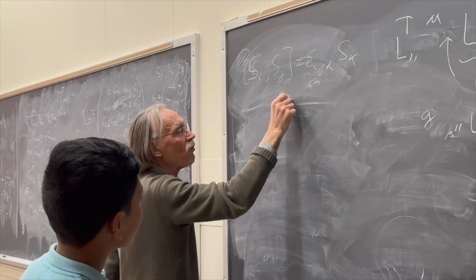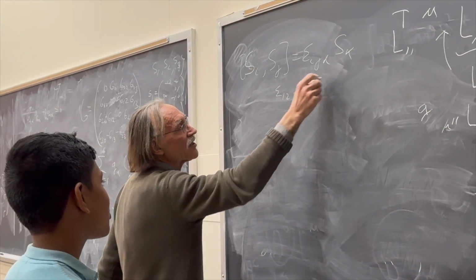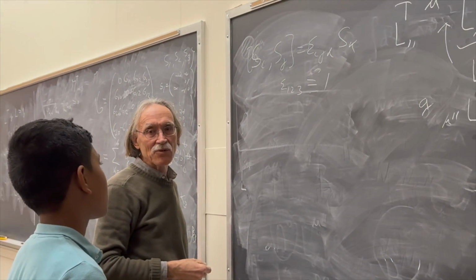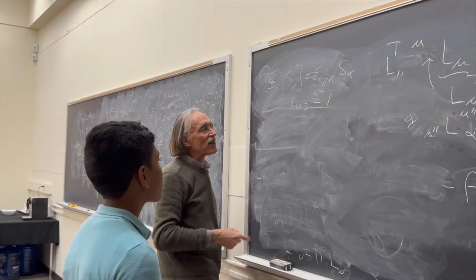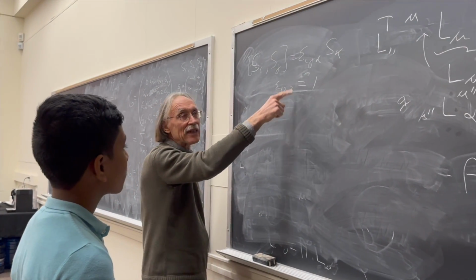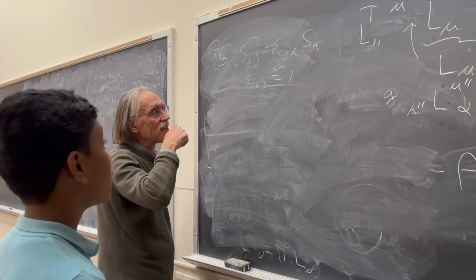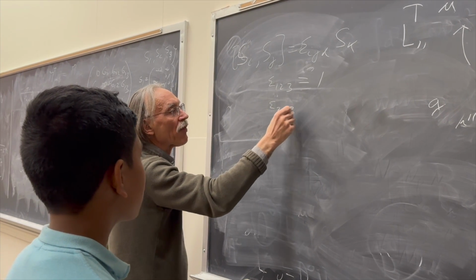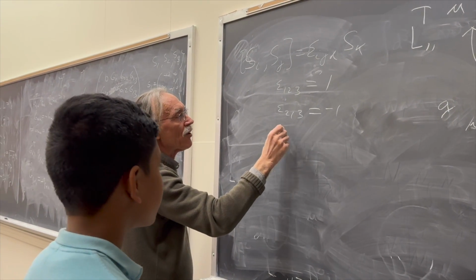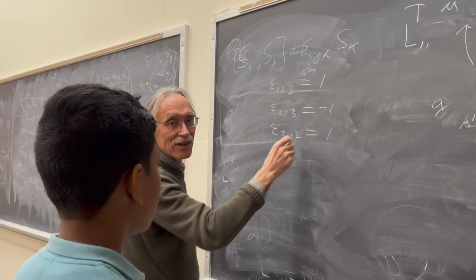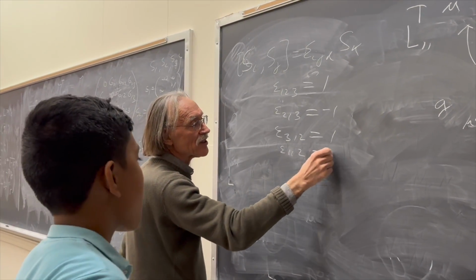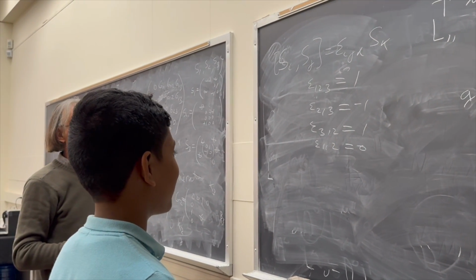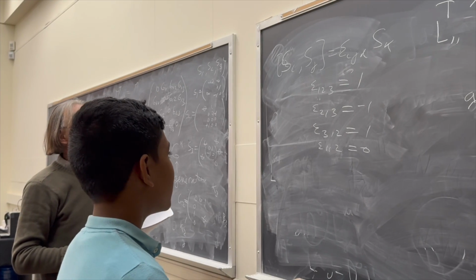Epsilon 1,2,3 is 1, and the rest is 1 or minus 1. When it's a symmetric permutation of 1,2,3, it is plus 1. When it's an anti-symmetric permutation of 1,2,3, it is minus 1. For example, epsilon 2,1,3 is minus 1. Oh, I see. And epsilon 3,1,2 is 1, and epsilon 1,1,2 is 0. Actually, I just read about this in the textbook, but I forgot about it for a little second.